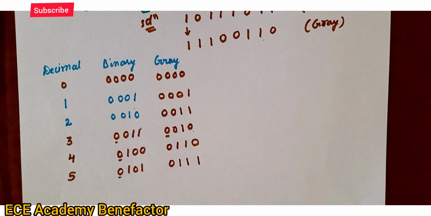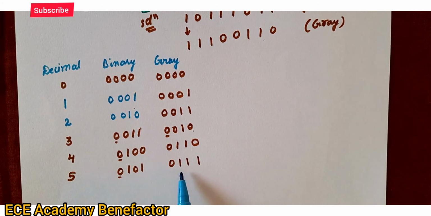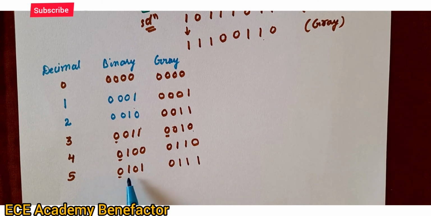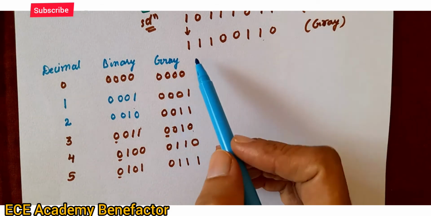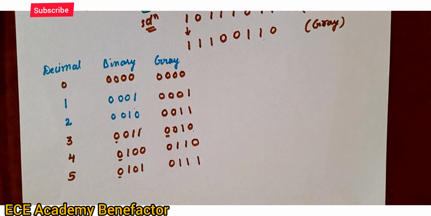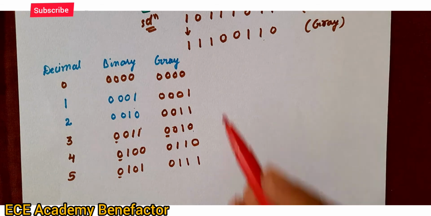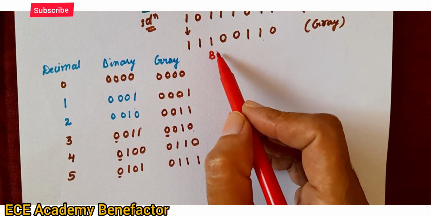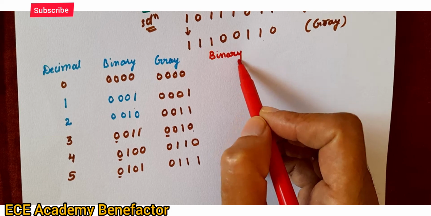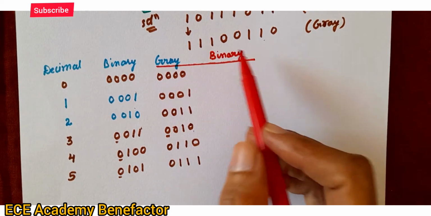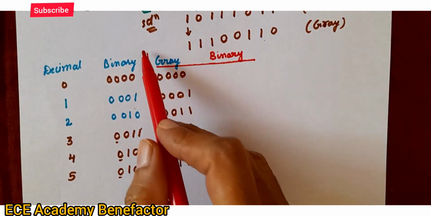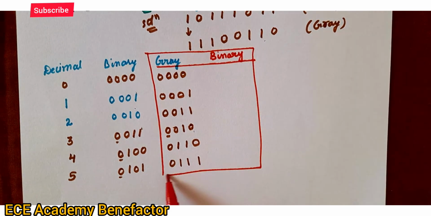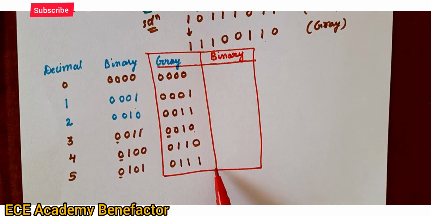Okay. So, in this way we can convert the given decimal number to Gray. First we have to write its binary and then do sequential XOR operation. Now, let us see, are we getting the same result from Gray to binary? For Gray to binary, okay.